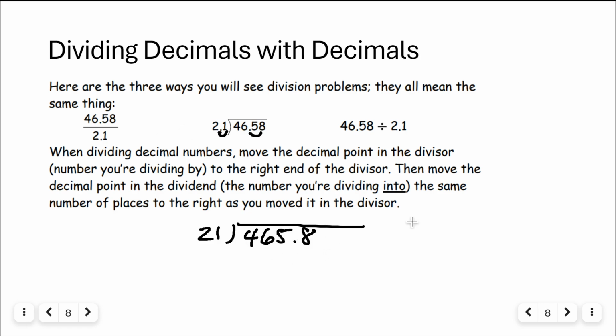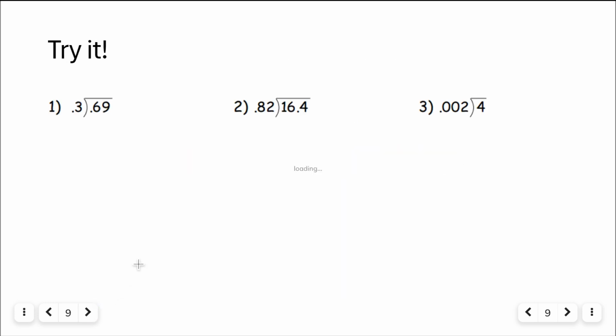So instead of doing 2.1 into 46.58, we're going to do 21 into 465.8. We're literally moving the decimal over one spot here, and then we're doing it over there also. Okay? All right, so let's try a couple of those.